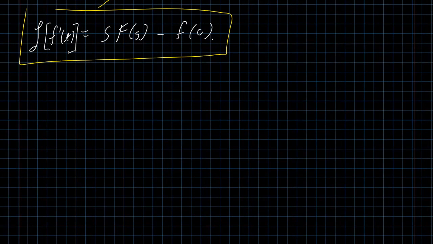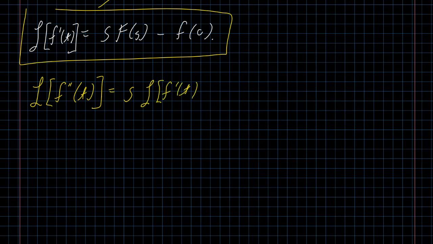Now let's continue one more. What if I want the Laplace transform of f double prime of t? Here I can employ a cute little trick. F double prime of t is the derivative of f prime of t. And so I can use the derivative formula that I just came up with to say that this must be s times the Laplace transform of f prime of t minus f prime of 0.